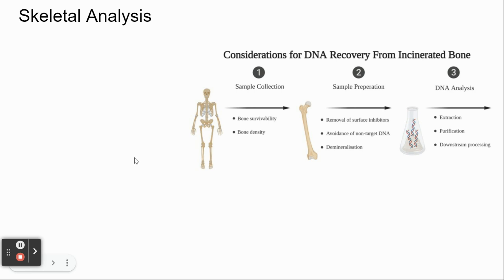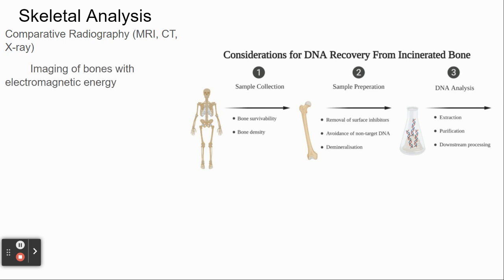Okay, so in terms of analyzing the skeletons, like I had mentioned quite a little bit ago now, you've got MRIs, CT scans, X-rays, all that can be used to analyze the bone, see whether or not there's something that may be embedded in the bone, or just to be able to get information about the density of the bone, the condition of the bone, whether there's any fractures that you can't see, anything like that could be possible in that setting.